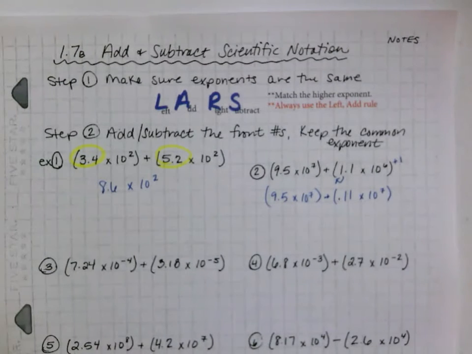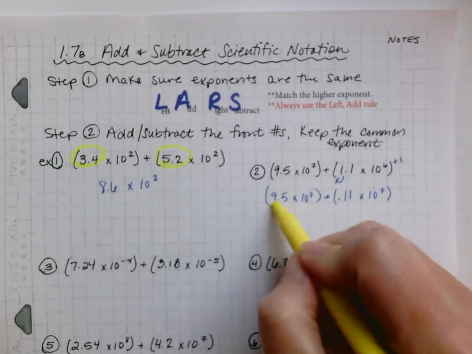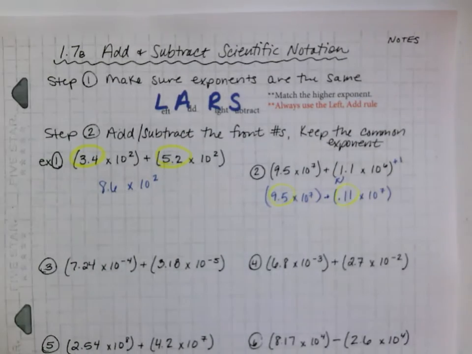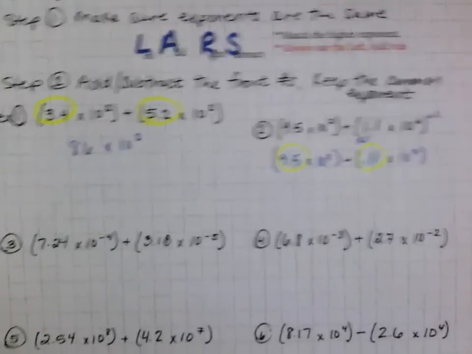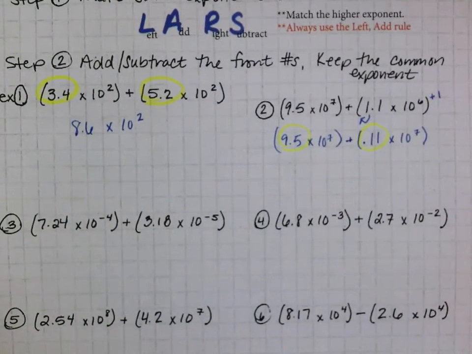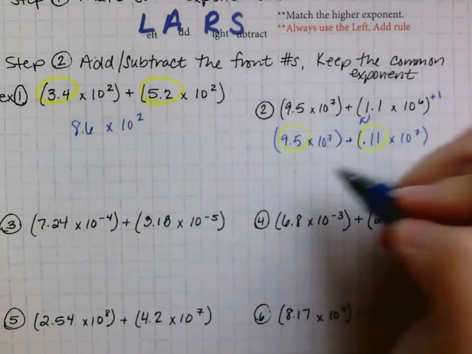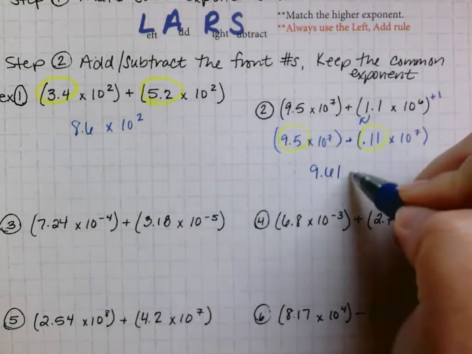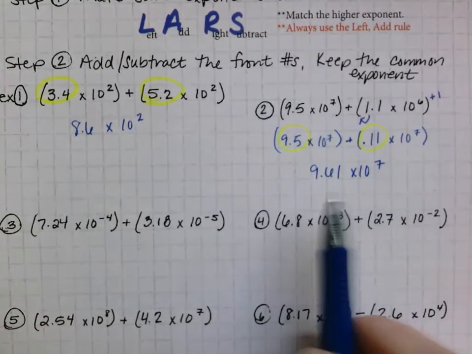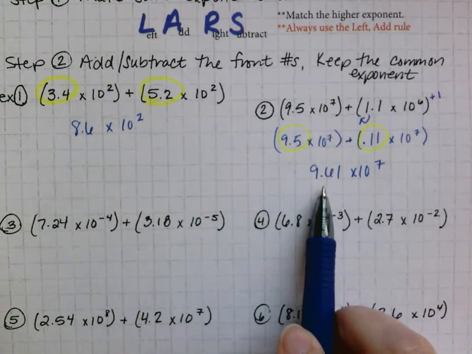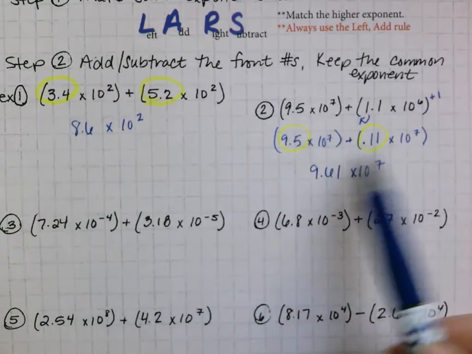Now my exponents are the same, so now I can take my front numbers and add those together and then carry the power that is the same, and then I already have a number that is in final scientific notation form. Notice that this number stays in between 1 and 10 because I matched the higher exponent.